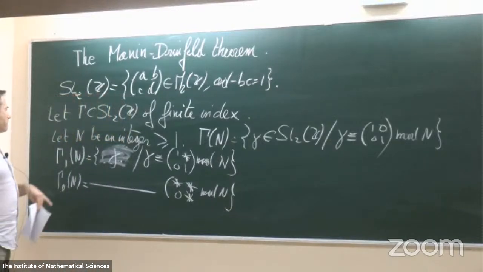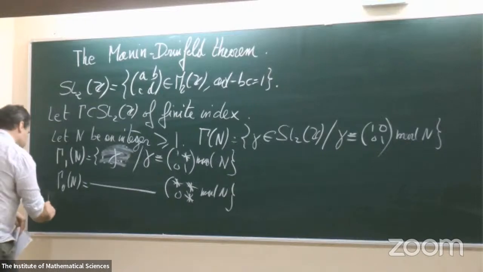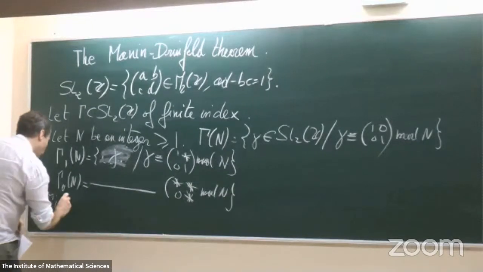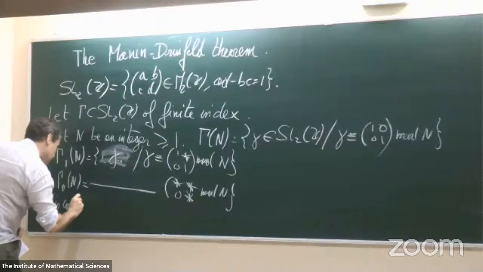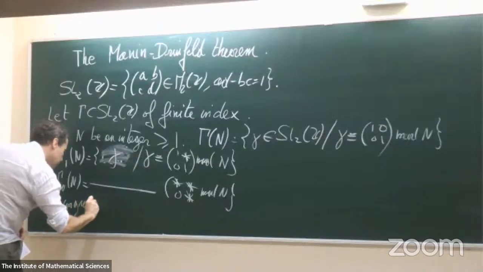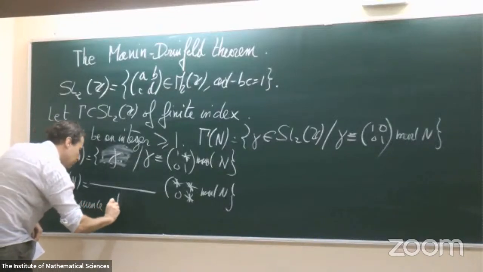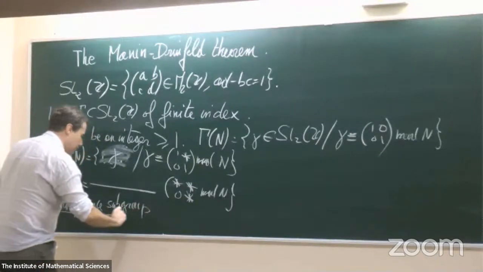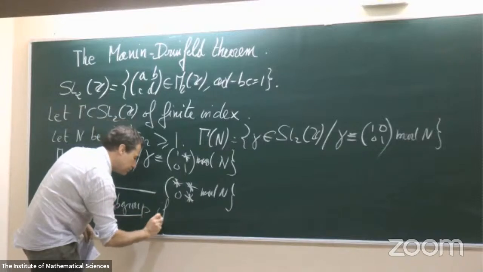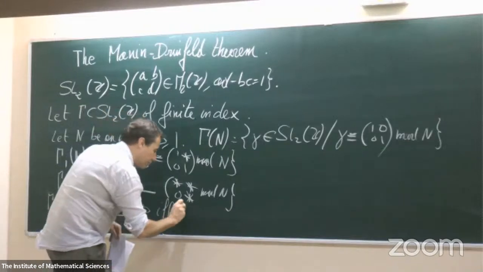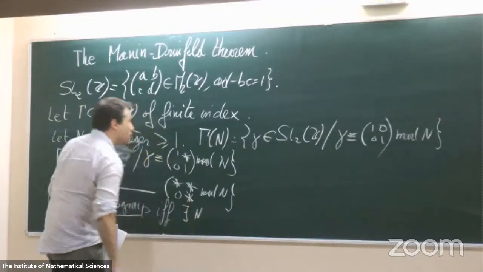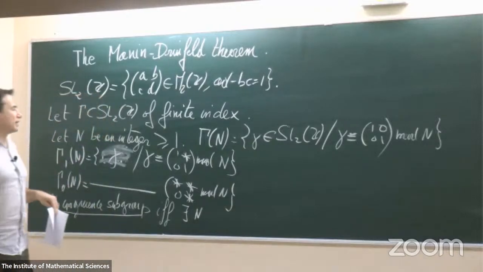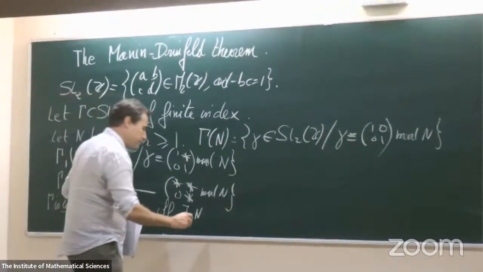Okay, so gamma is a congruence subgroup if and only if there exists some n such that gamma contains gamma of n.